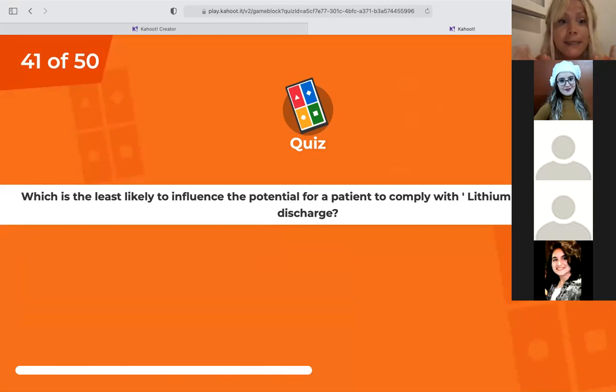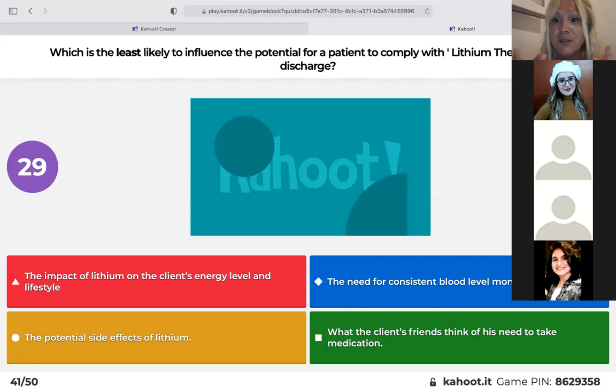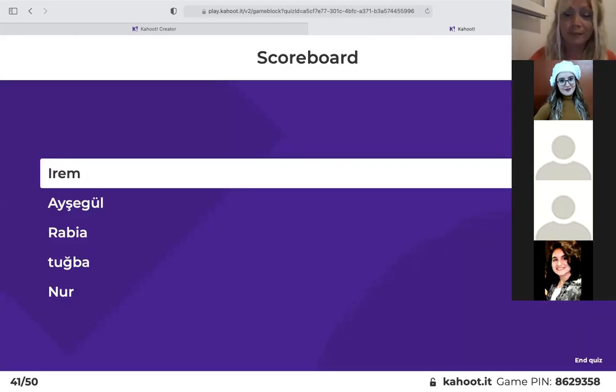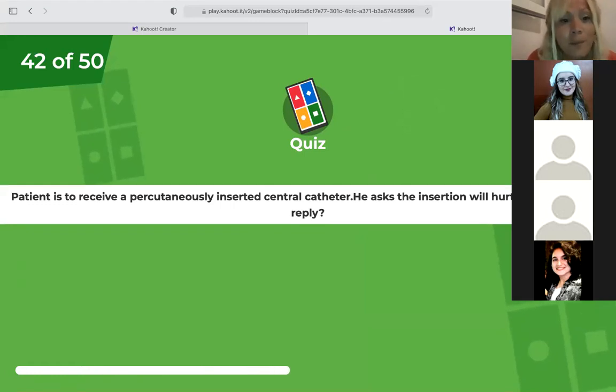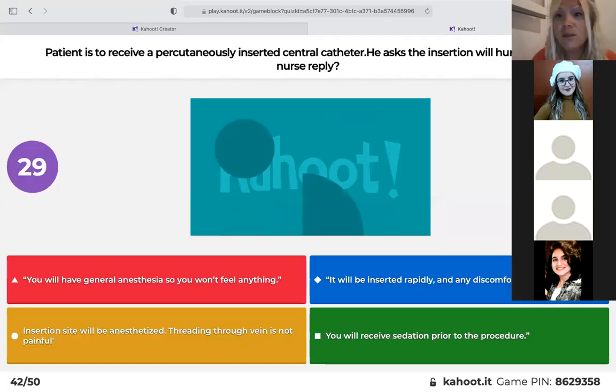Which is the least likely to influence the patient's potential to comply with lithium therapy after discharge? A patient is to receive a percutaneously inserted central catheter. He asks if the insertion will hurt. How will the nurse reply?